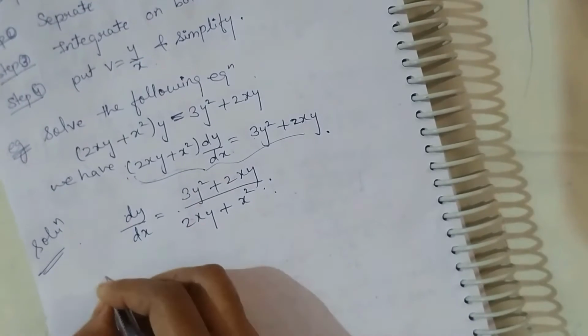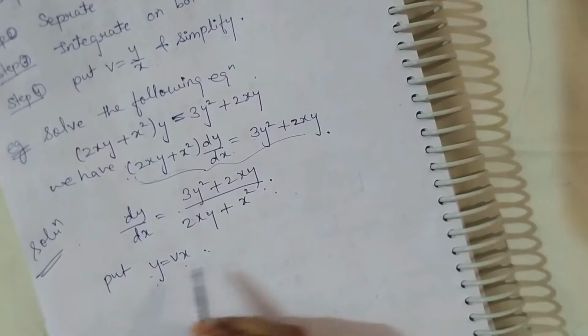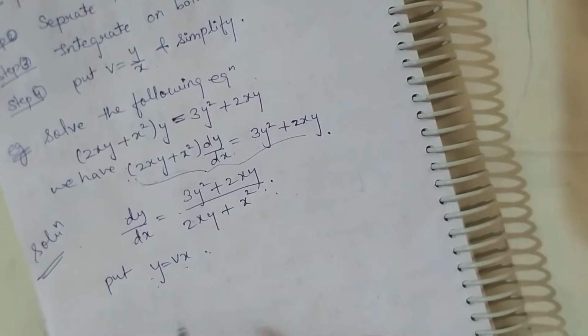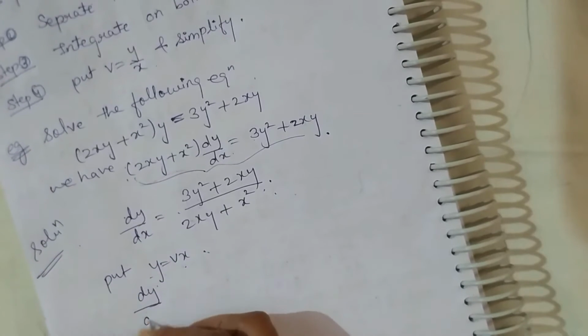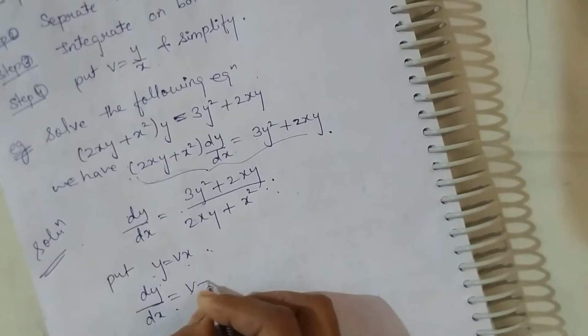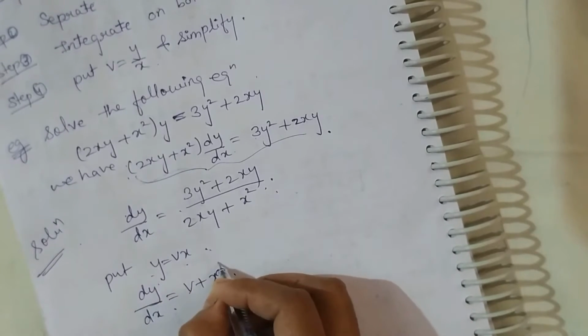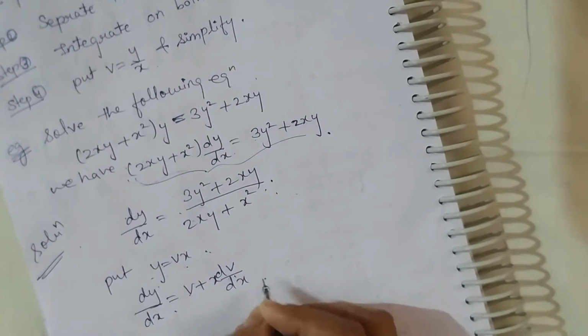On substituting y is equals to vx and differentiate y is equals to vx with respect to x on both sides, we get dy by dx is equals to v plus x dv by dx.